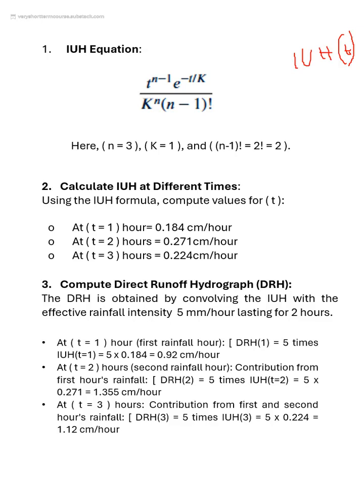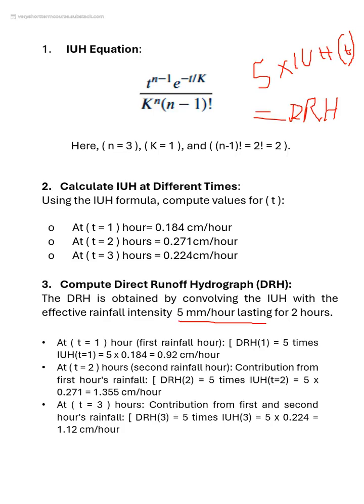At every time interval you have to find this IUH, and after that you have to multiply the rainfall intensity with the peak discharge, or peak IUH, and then you will get the peak of DRH. That is all you have to do. Once you get the peak of DRH, you can draw the DRH.